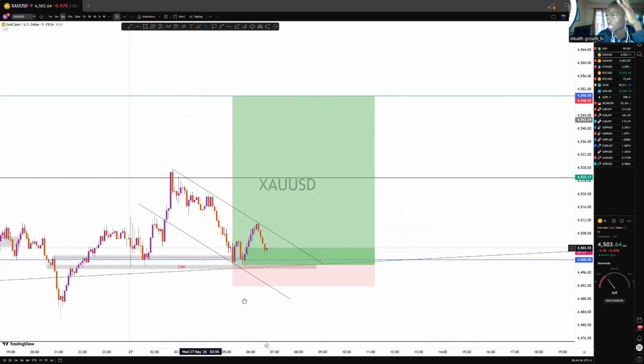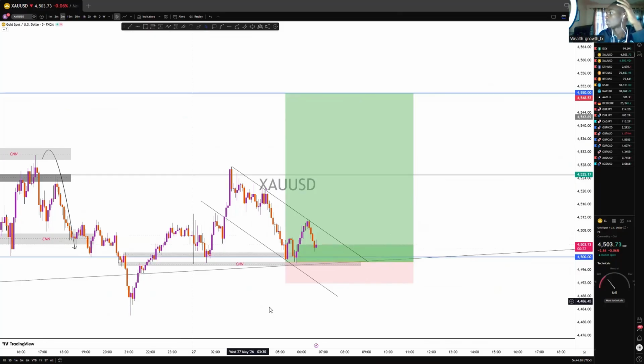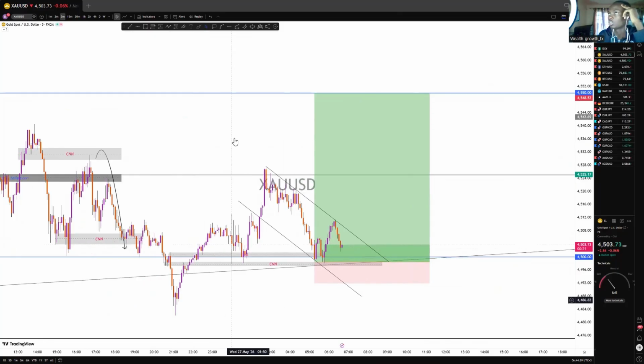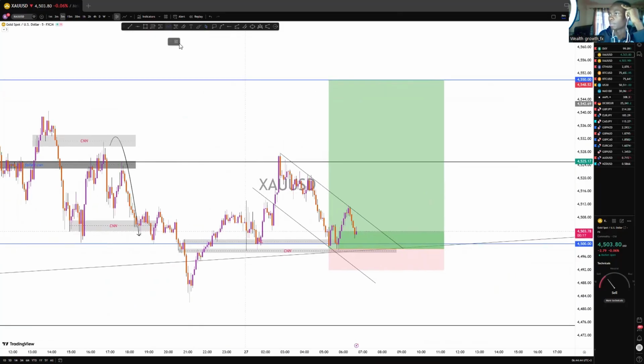And in a bigger picture, if you zoom out, if I pick my path, you will notice that this is an impulse move. Now this is going to act like a correction move towards the psychology level.